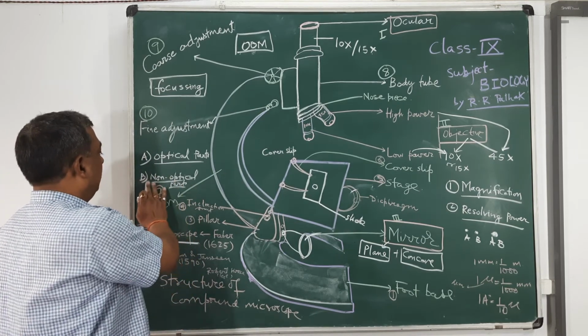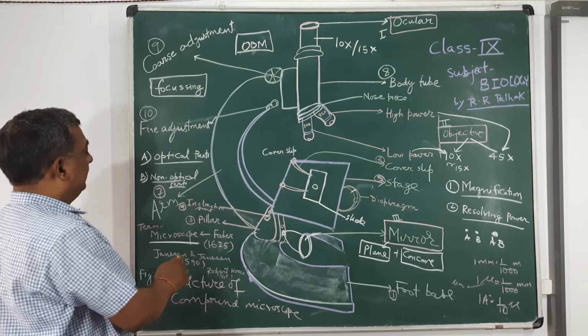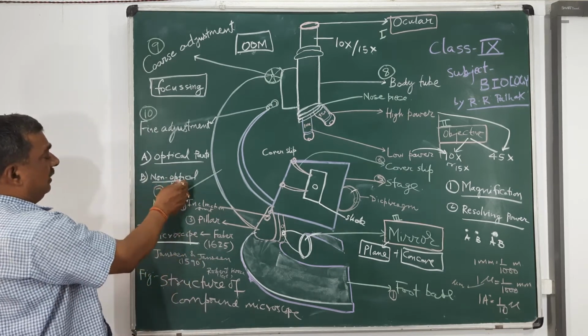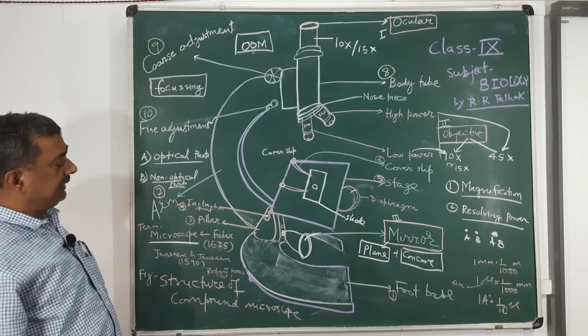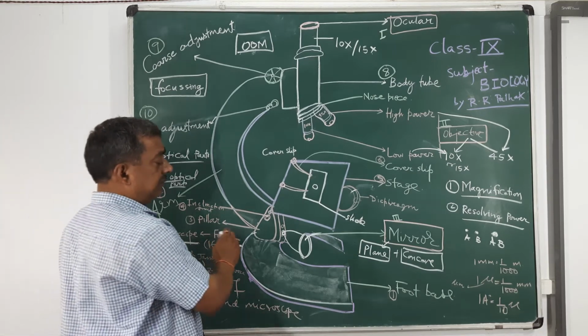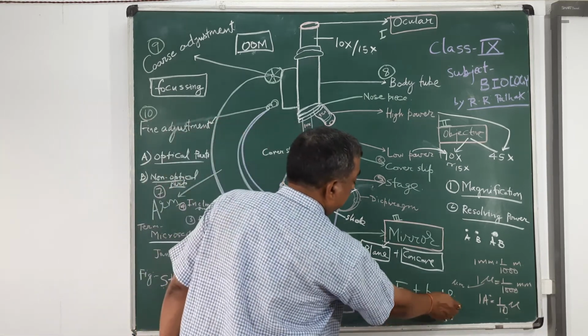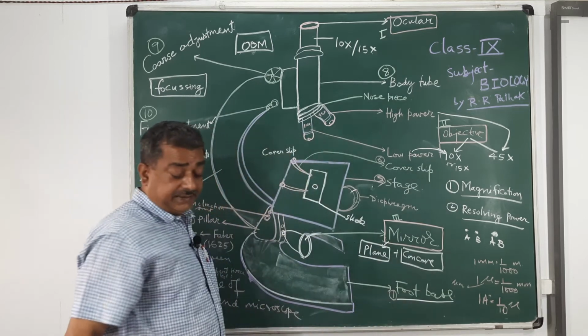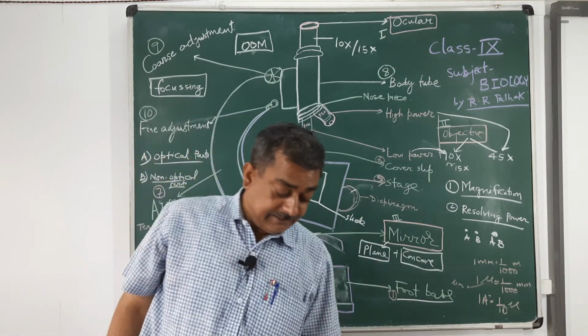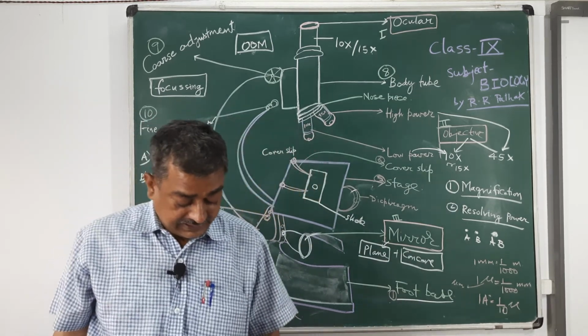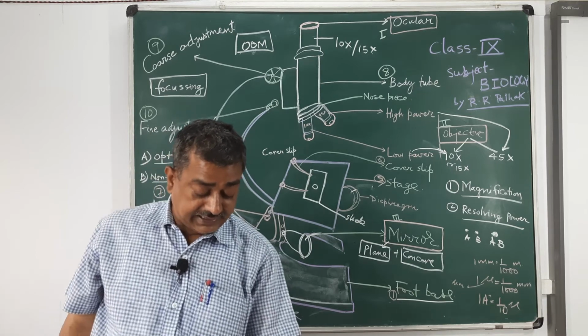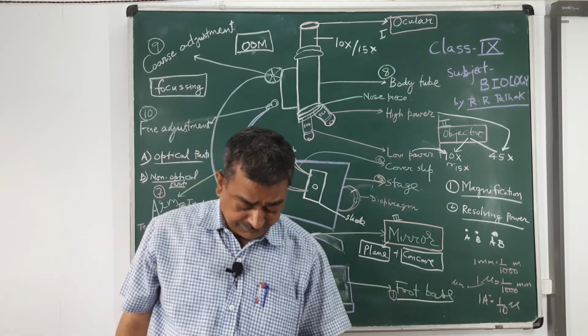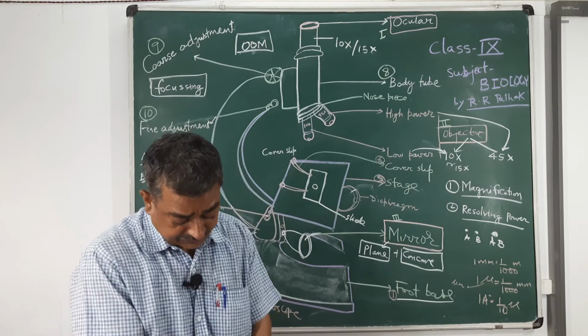Another set of parts, the non-optical parts, are called mechanical parts. I would like to start from the base, called the foot base. The foot base is very essential. It is a horseshoe shaped structure and it supports the entire microscope.